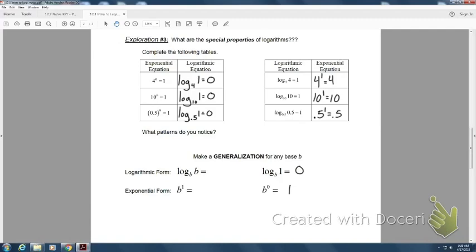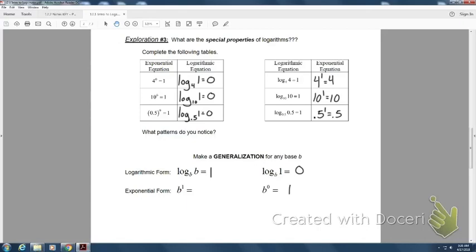So, really looking more at the logarithmic side of this, what's the pattern there? They all equal each other. So the base and what is called the argument, which is this, if those are the same, it's always going to equal 1.